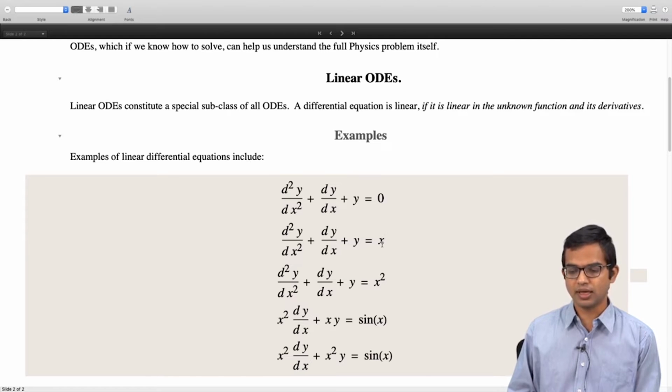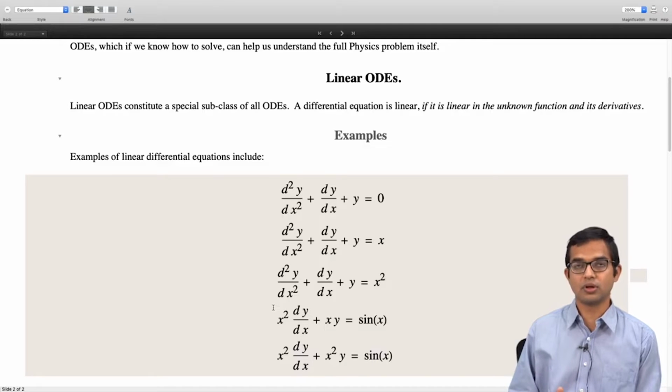Now the independent variable can be very crazy, nonlinearity is allowed. An example of nonlinearity is here, a very simple nonlinearity in the independent variable x, and that's allowed. You wouldn't say that this differential equation is nonlinear, it's a linear differential equation, right? When you're starting out, this is a point of confusion for a lot of students: they confuse the x's and y's, the dependent variable and the independent variable.